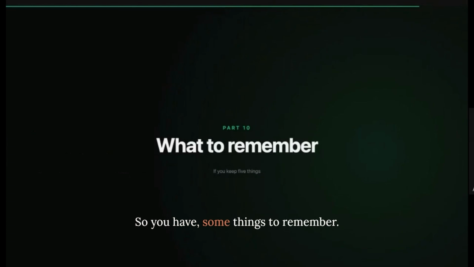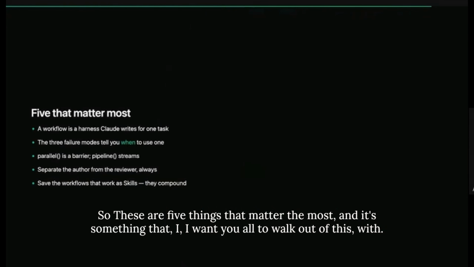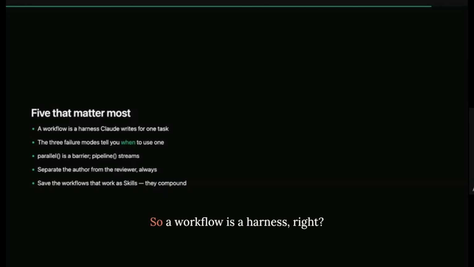So you have some things to remember. These are 5 things that matter most, and it's something I want you all to take away from this. A workflow is a harness. A harness is everything surrounding the AI: the tool use, the web search, the ability to read documents.